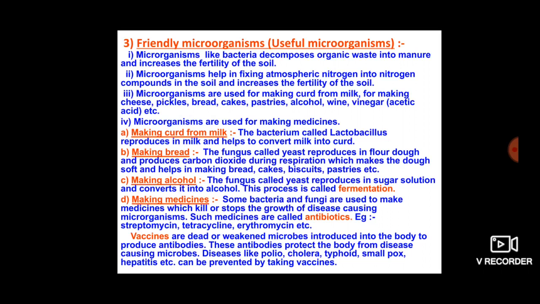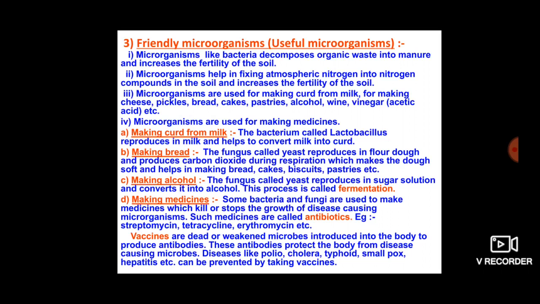Apart from that, we use these microorganisms for the manufacturing of medicines. Some bacteria and fungi are used to make medicines which kill or stop the growth of disease-causing microorganisms.